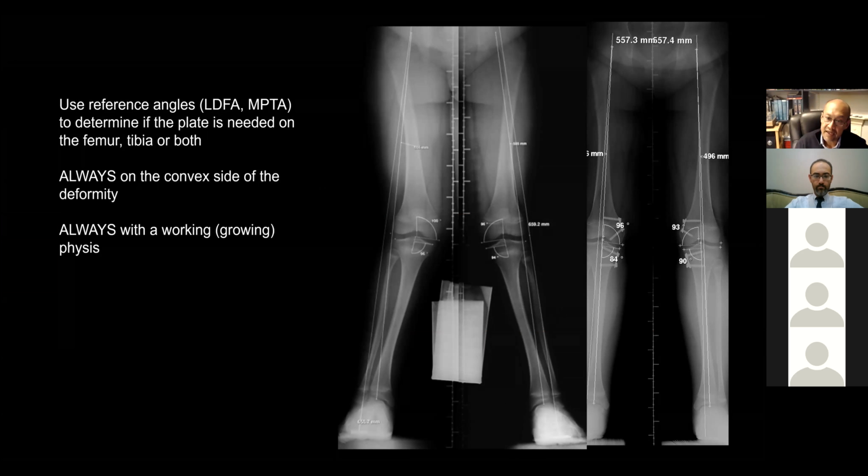In other words, the physis has to be working throughout. If the deformity is caused by an abnormality of the physis on the opposite side, then putting an 8-plate or a staple on the convex side will not correct the deformity. All it does then will be to stop the deformity getting worse.